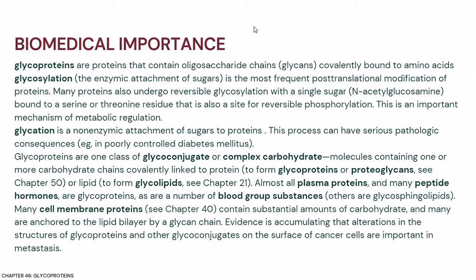So there are so many reports now that alterations in the structure of glycoproteins and other glycoconjugates on the surface of cancer cells are very important in the metastatic process performed by the cancer cells. Okay?